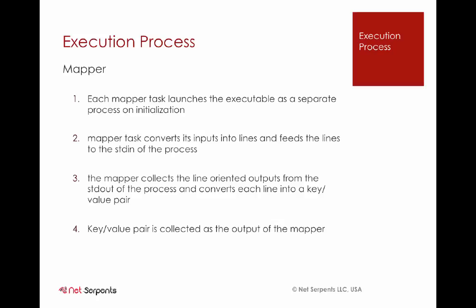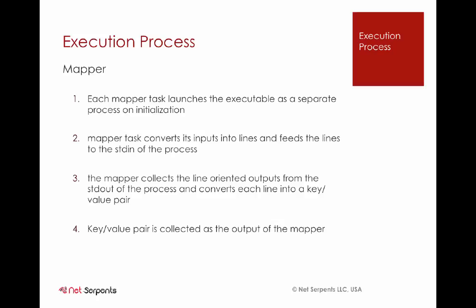The mapper's job is to launch an executable as a separate process. So the mapper is going to start up a process. The process will take as input some lines that the mapper is going to feed to it from an input folder, and then the process will send an output back to the mapper.